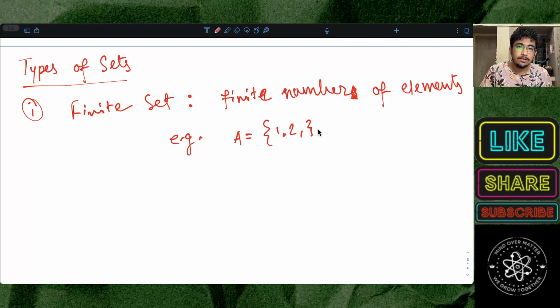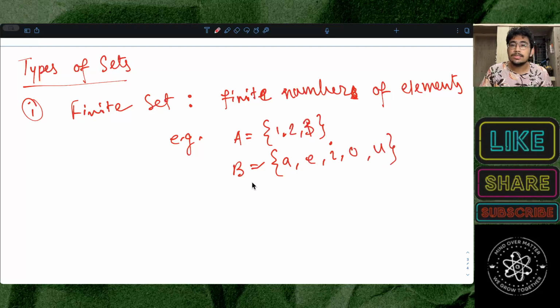It's a finite set. Also suppose we have the set of all the vowels a, e, i, o and u. This is also a finite set, because both of them have a limited, countable number of elements. Here it is 3 and here it is 5.